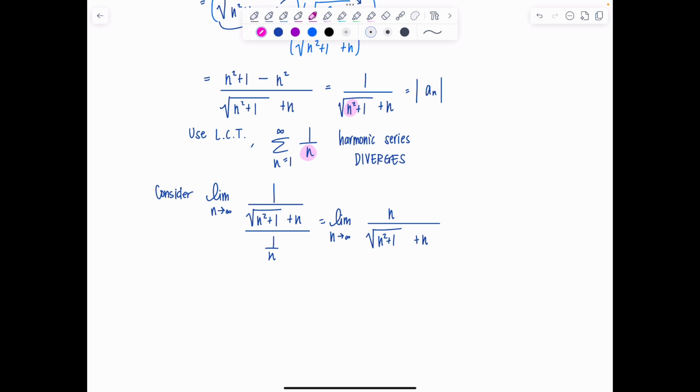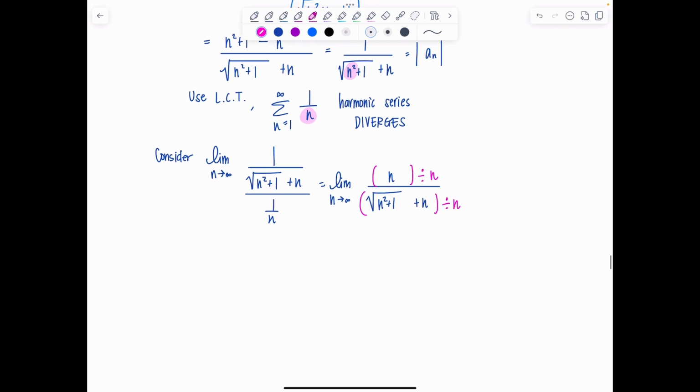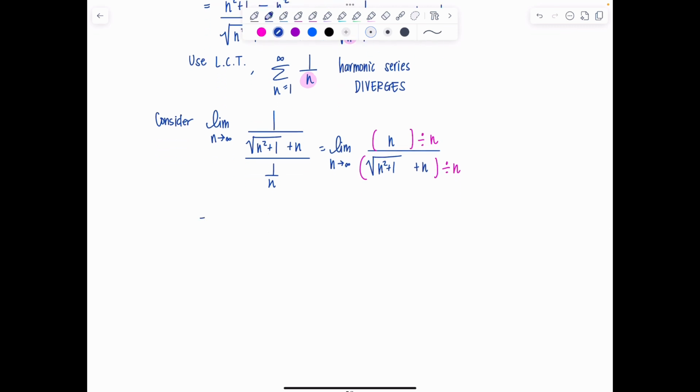Now to evaluate the limit, I'm going to divide by the highest power of n in the denominator, which we all agreed was n to the first a second ago. And we actually did a very similar limit problem in part 1 of the video. It was with a sequence, but same thing. So when this n comes underneath the radical, it becomes n squared. So then I have 1 plus 1 over n squared plus 1. If that step's confusing, then go back and watch part 1 of the video where I do a limit problem like this early on.